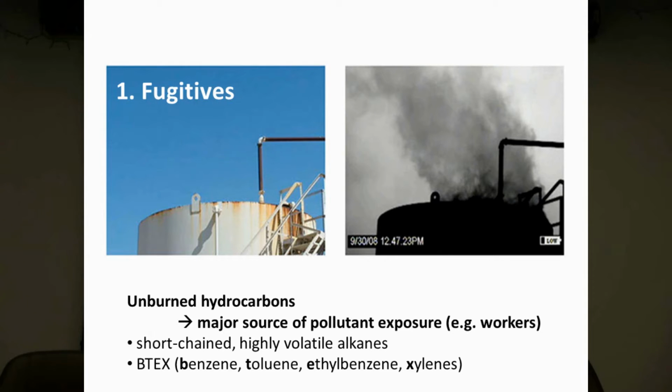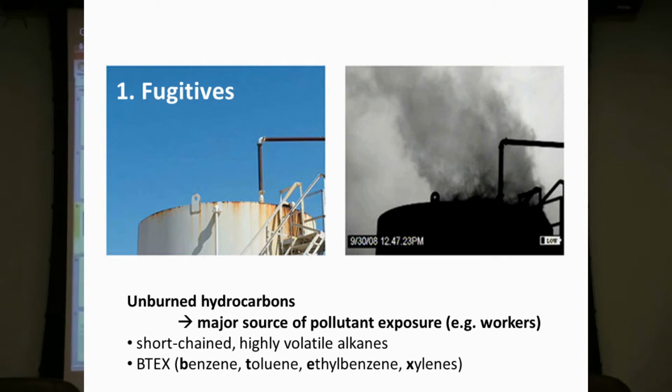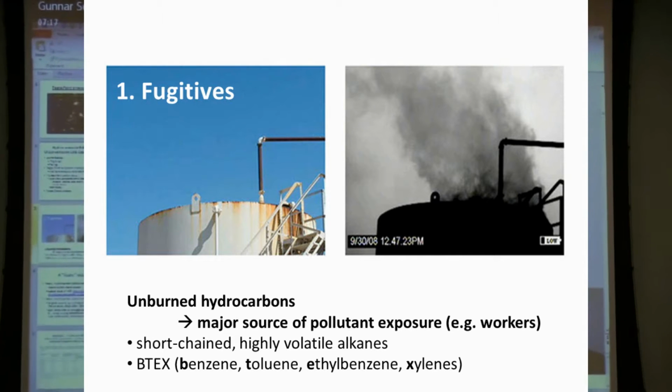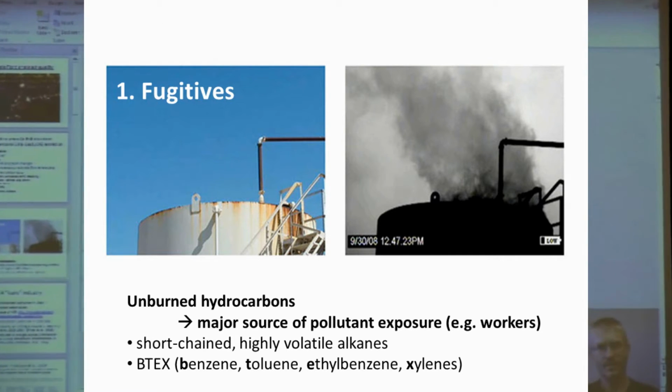Mostly what we get is, of course, the volatiles. So the more volatile a compound is, the more likely it is to come out of these tanks wherever there is an opportunity. Don't forget that these tanks have to have a leak on by default for safety reasons. As they are filled, there needs to be a leak somewhere on the tank to push out the excess volume of gas.